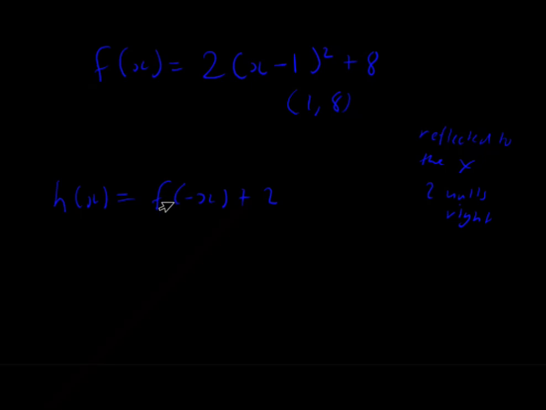This means it's reflected in the y-axis because x is negative. If reflected in the y-axis, x changes sign. So this is what we have so far. Then this means it will shift 2 units upwards. So it's minus 1, then 8 plus 2, which is 10. So this is the turning point of h.